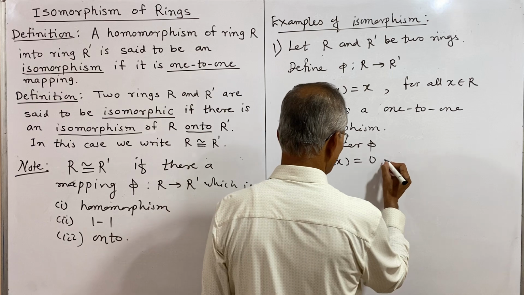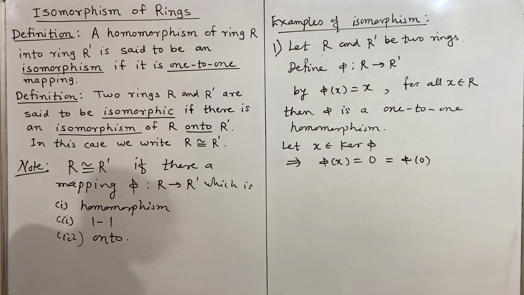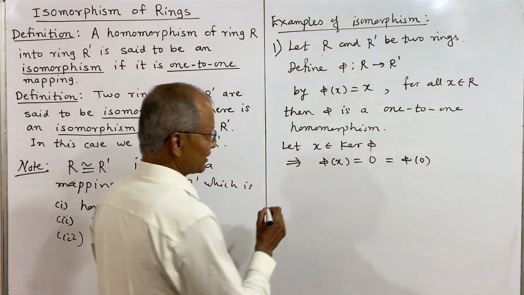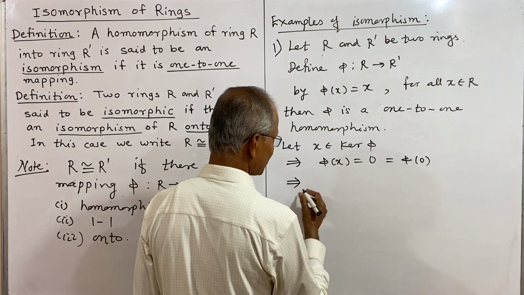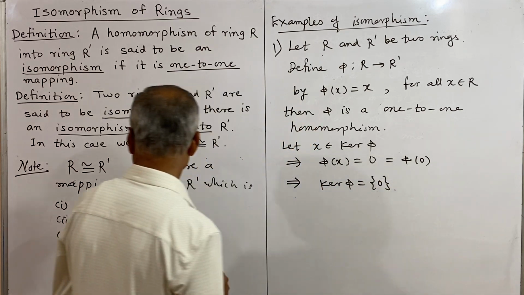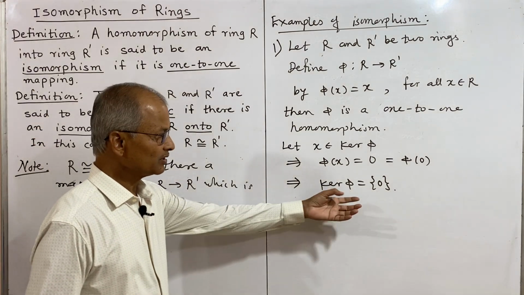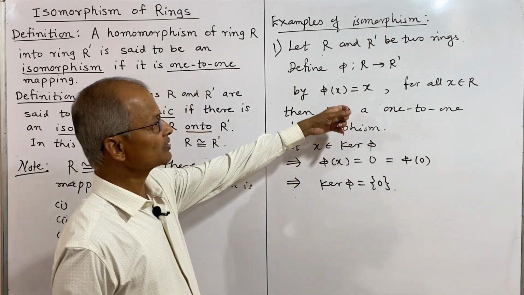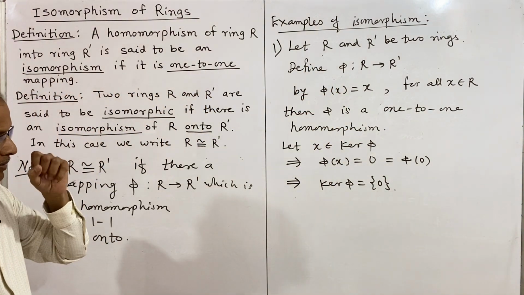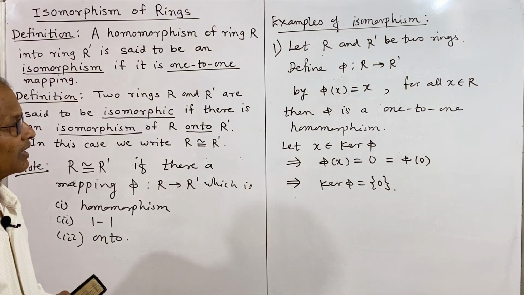So this is also equal to phi of 0. And now what this implies? This implies x is equal to 0, and therefore kernel phi is only 0. By the earlier lemma, if kernel phi contains only the single element 0, then the mapping becomes an isomorphism. It is a one-to-one mapping, and that is an isomorphism. So this is a simple example of isomorphism.